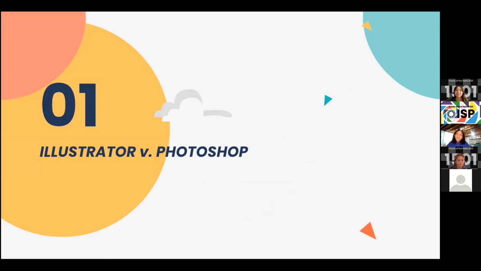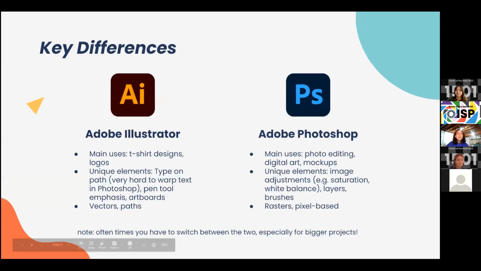Gabby, do you want to start? Yes. So first, Illustrator versus Photoshop is what we're going to talk about. In Illustrator, its main uses are logo drawing or t-shirt designs. For Photoshop, its main uses are photo editing, digital art, and mock-ups of a lot of things.